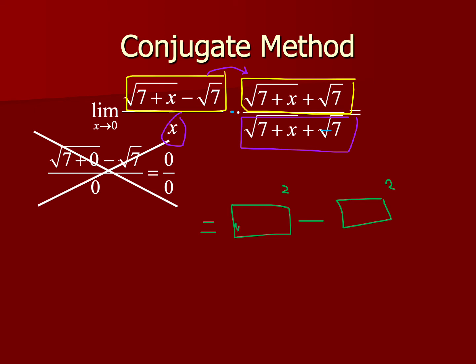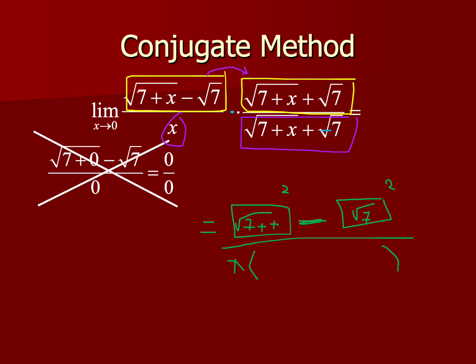So that means the first one is the root of 7 plus x, and the second one is the root of 7, and always minus between them. So this is the multiplication for both terms, and down I keep it as it is.